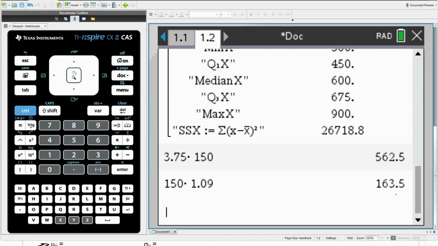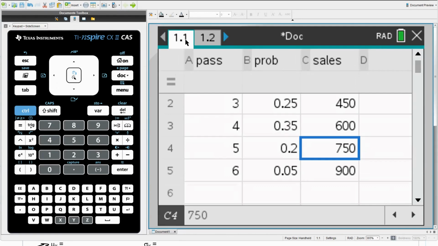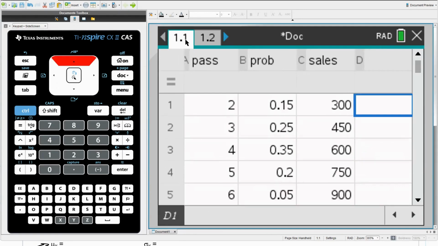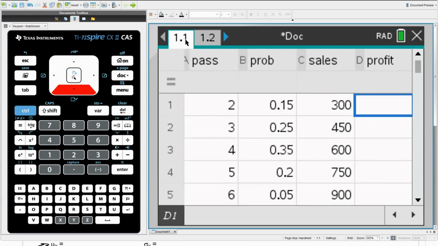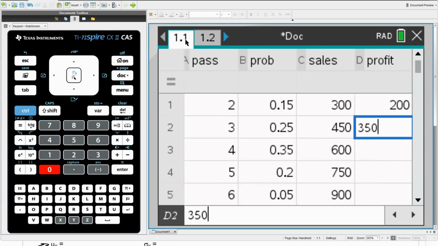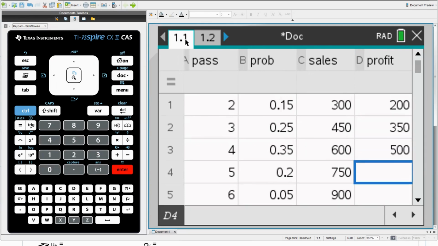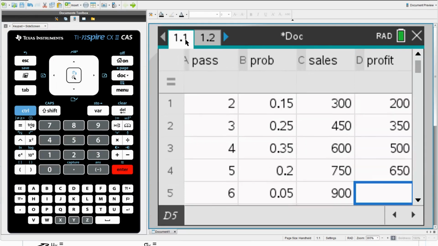So I'll go back to our list and spreadsheets page. And now, instead of sales, we're going to be looking at profit. And what's the profit? It's each of these numbers minus 100. So 300 minus 100 is 200. This is 350, 500, 650, and 800.